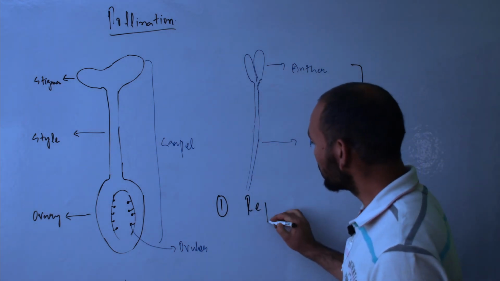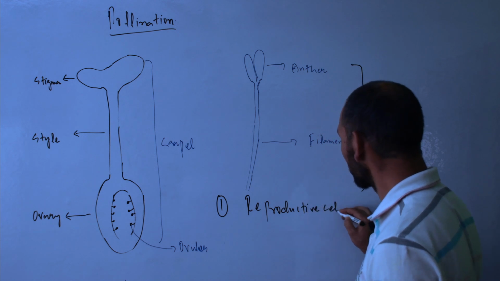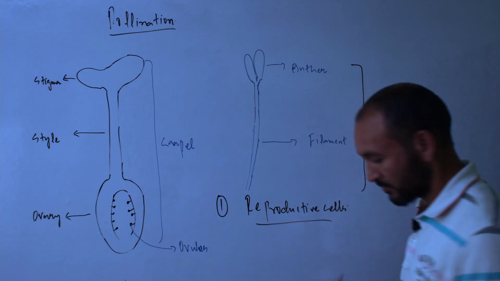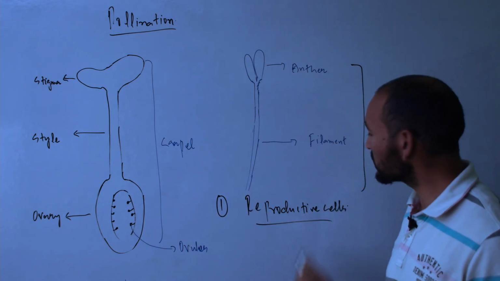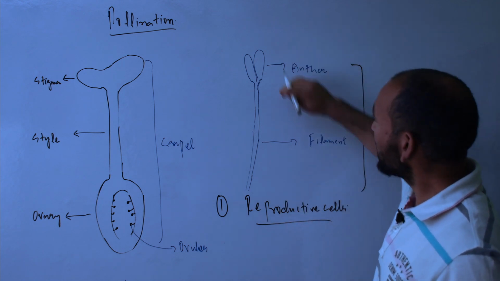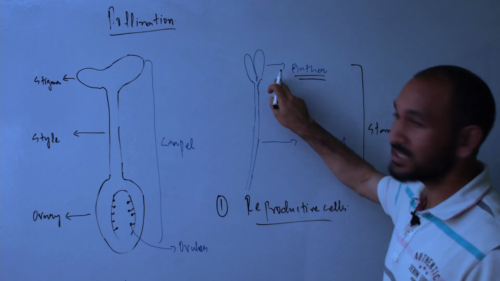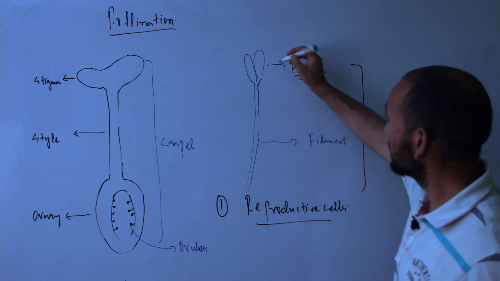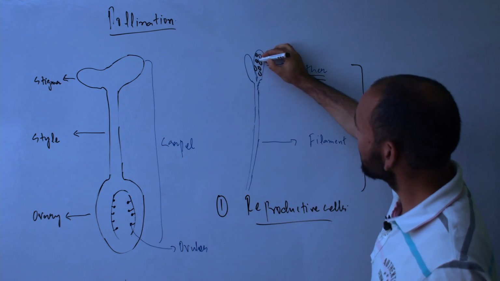Gametes actually refer to the reproductive cells. Those plants which reproduce sexually, they also form these reproductive cells, that is gametes. Now, male reproductive cells, those are formed within these anthers. There are special structures which are formed in these anthers.